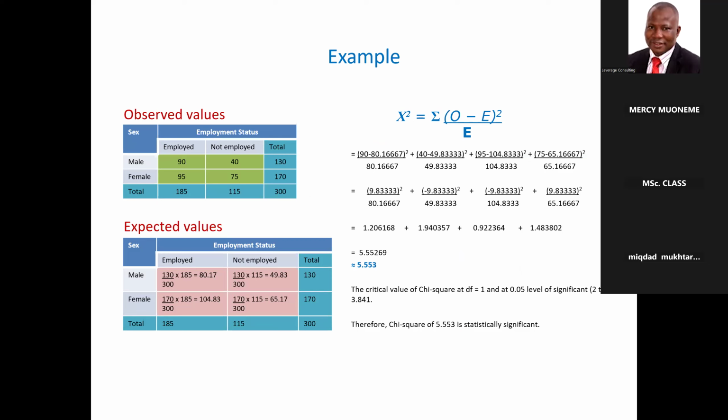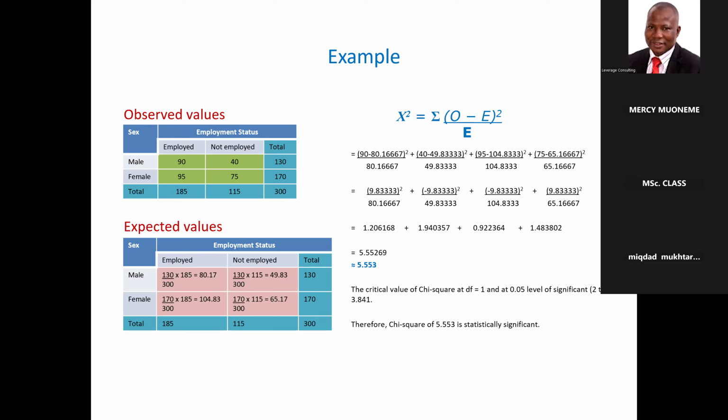Look at cell 1: the row total is 130, times the column total, 185, divided by the grand total, which is 300.